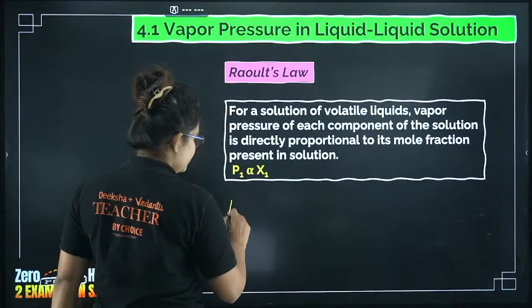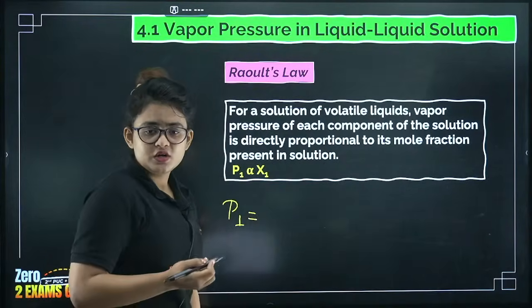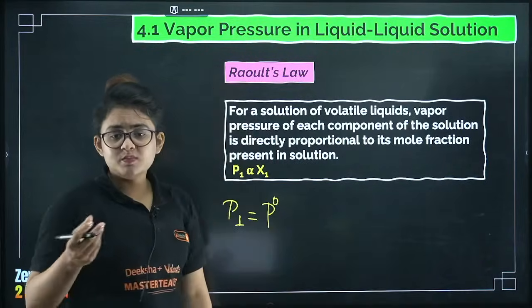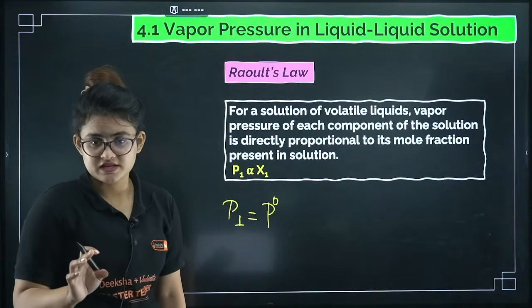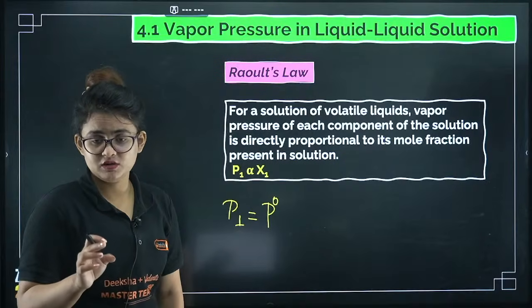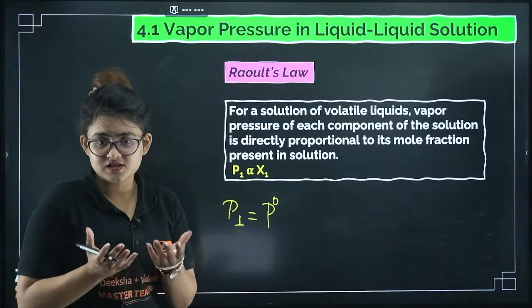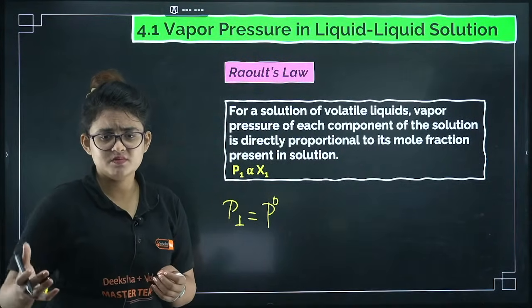Now, if you remove this proportionality sign, then one constant will come. What constant? The constant is basically the vapor pressure of that particular liquid when it is in the pure state. Now it is mixed in the solution state, but individually, whenever the liquid is there, it has some vapor pressure.